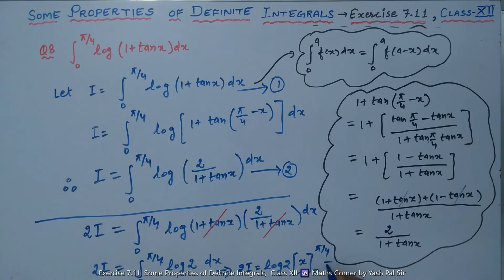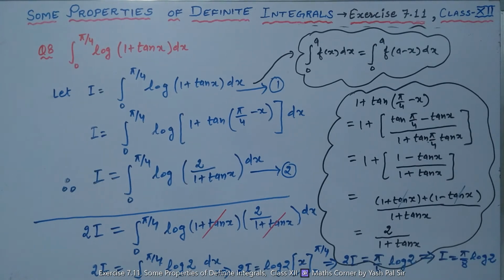So finally 2I is equal to pi by 4 into log 2. That means, dividing by 2, I is equal to pi by 8 into log 2. This is the final answer to this question.